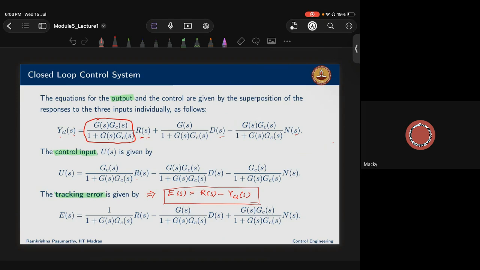Next case, we make R of s 0, N of s 0. We get this expression. Third case, we make the other two terms 0, D of s and R of s. We get this expression, using the simple block diagram reduction technique. So now this is the overall output.